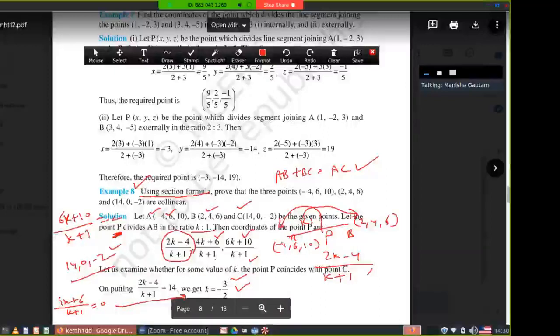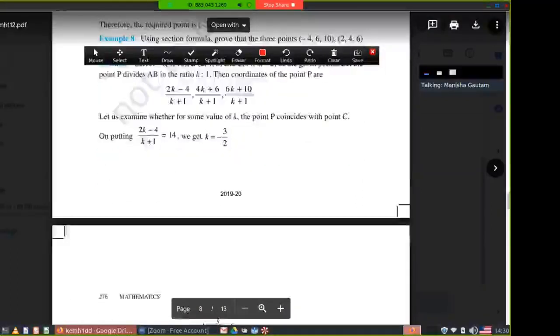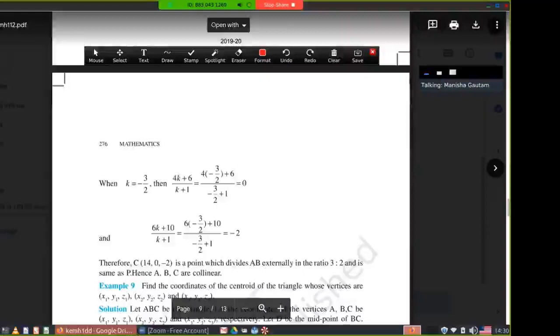If it comes out like this, it means the points are collinear. They are getting the second coordinate of the point C, and when you put the same value in the third coordinate, they get -2. It means whether you do it by the previous method or by this method, both are correct.